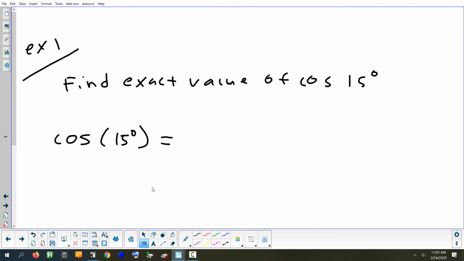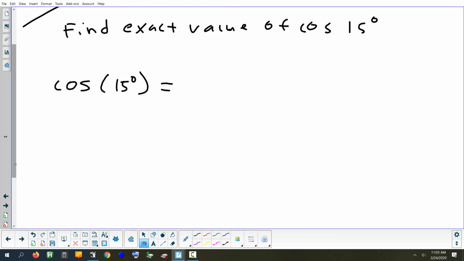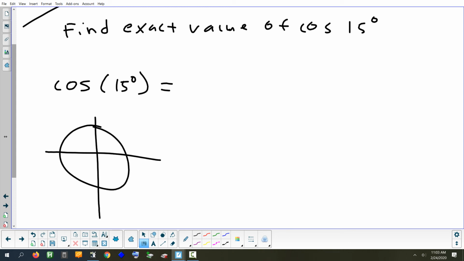Up until now, the angles that you've worked with that we can do exact answers for have been multiples of 30 or 60. So of all the angles you've done so far, you've done 0, 90, 180, 270, and you've done 30, 45, and 60, and you can do the 30, 45, and 60 in every quadrant.